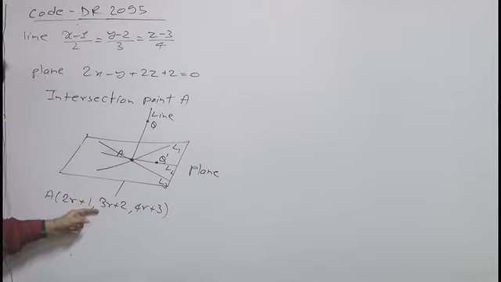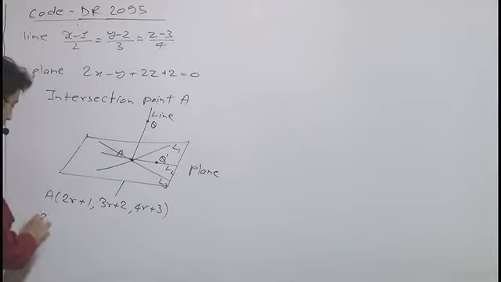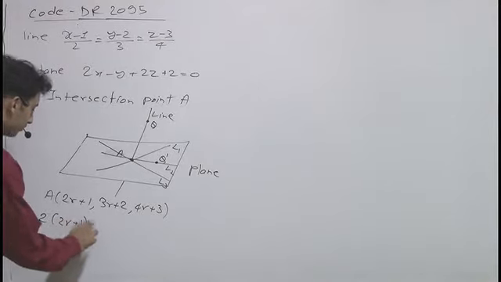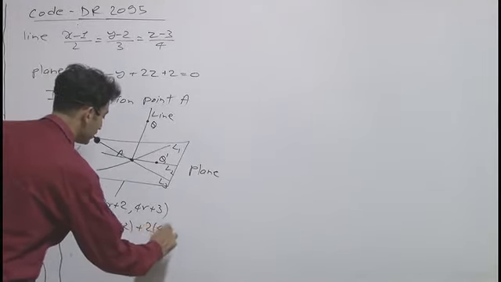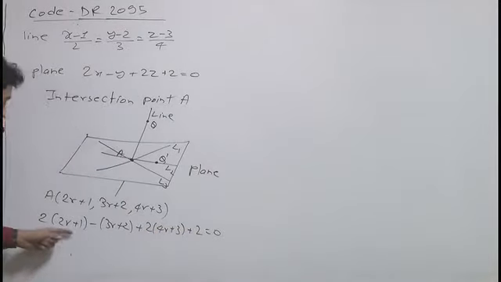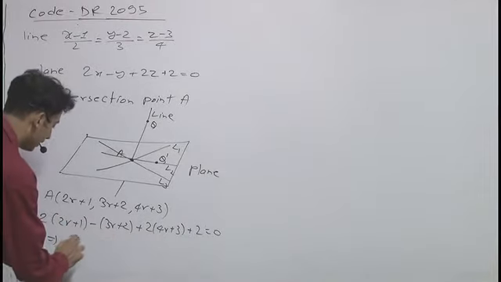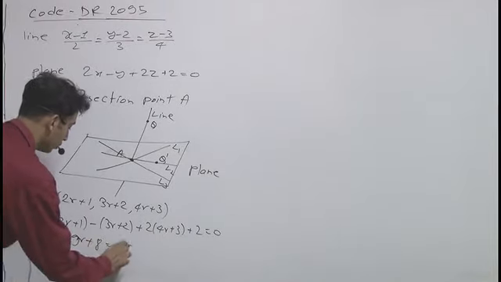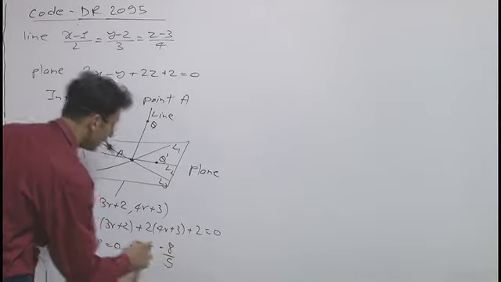If this is point A, then it will satisfy the equation of the plane also. So 2r plus 1 minus (3r plus 2) plus 4r plus 3 plus 2 equals 0. That gives 9r plus 8 equals 0, so the value of r will become minus 8 by 9.